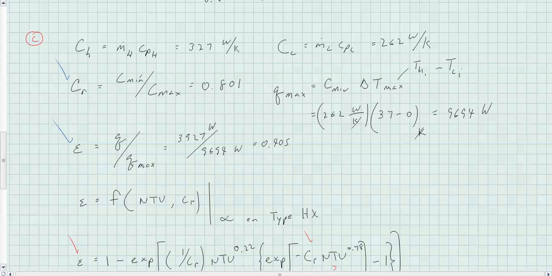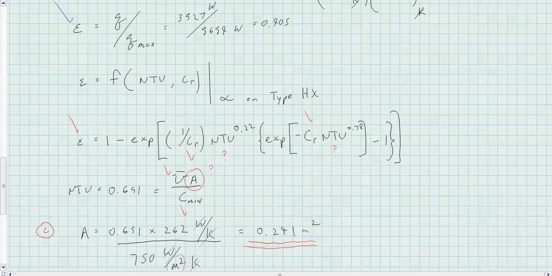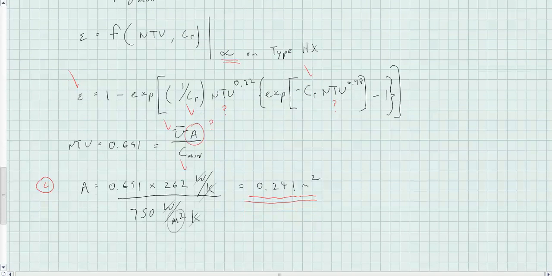Once we had those four preliminary calculations, we could calculate the epsilon, identify the correct epsilon function, which again I should really emphasize is dependent upon that type of heat exchanger, and pull the function in, solve for the one unknown variable, which is NTU in this case, then equate that NTU to its classic definition of UA divided by C sub min, and solve for the last remaining variable.